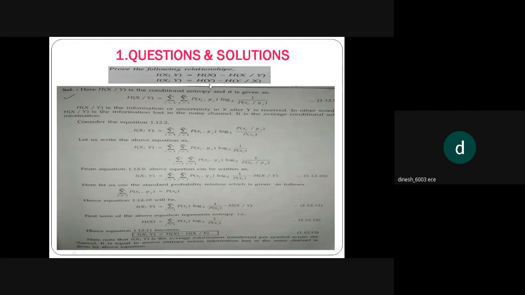So this equation is similar to your previous equation. This second one, I of x;y or I of y;x is equal to H of y minus H of y by x. So thus these two are proved.